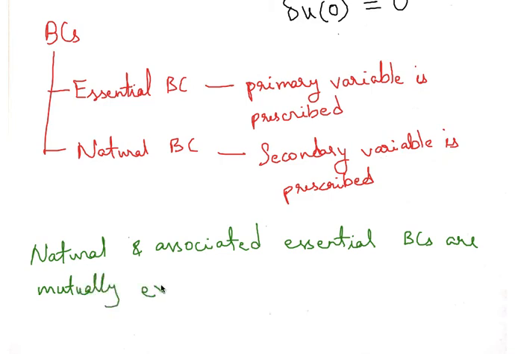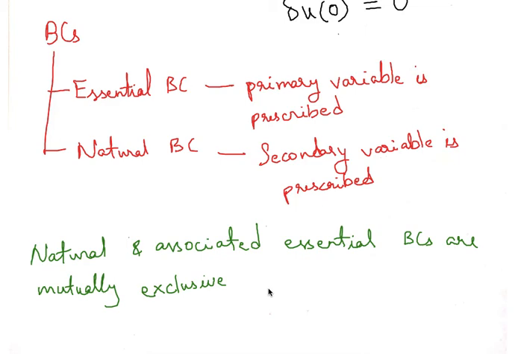What does mutual exclusivity mean? What do you think it means? It does not depend on one another? No. Occurrence of one excludes the occurrence of other. Exactly. So occurrence of one excludes the occurrence of others.